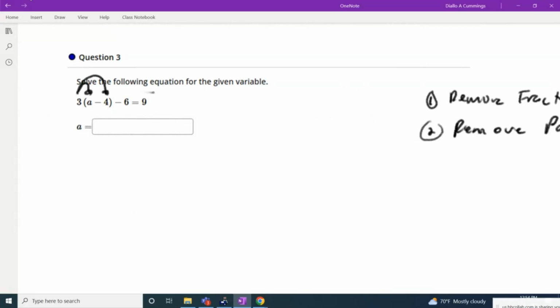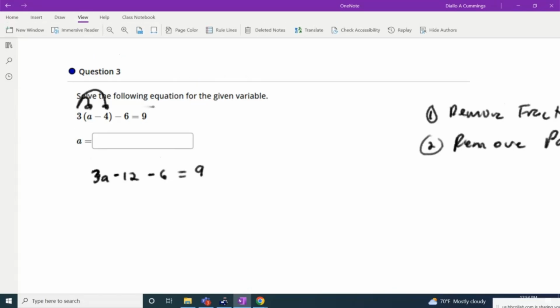So 3 times a is 3a, minus 3 times 4 is 12. I'm going to bring everything else down. Minus 6 is equal to 9. All right, so once you use the distributive property, that should remove any parentheses.